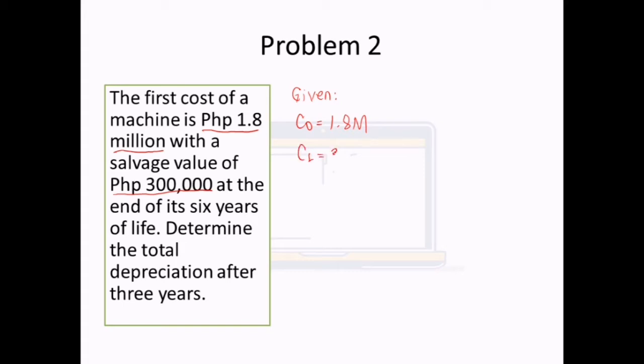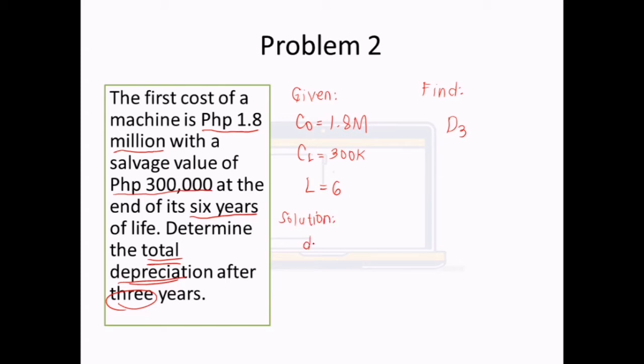So, our C sub L is 300K. At the end of its 6 years of life, the useful life, or L, is equal to 6. The unknown for this problem is the total depreciation after 3 years. So the total depreciation will be denoted as capital letter D at the end of 3 years, so we need to find D sub 3.